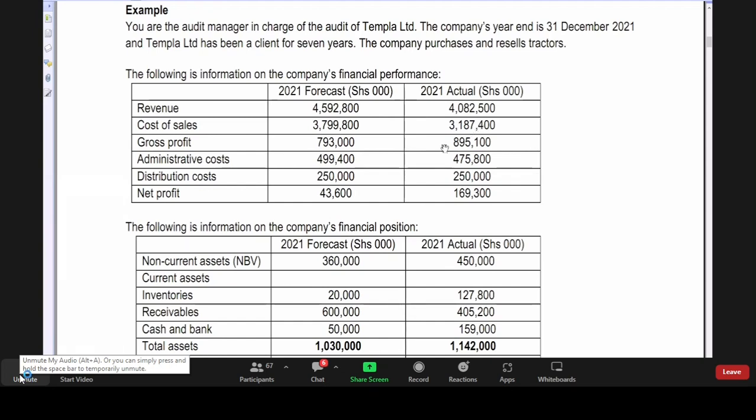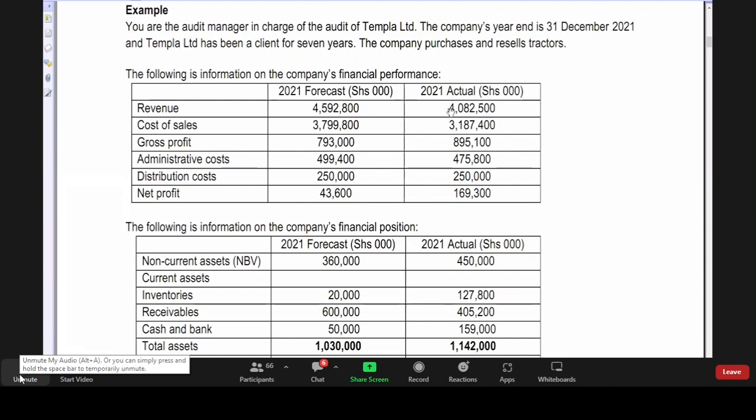For example, why would it be that the revenue has gone down, but the net profit is high? You have a revenue forecasted at 4.5 billion, and you forecast a profit of 43.6 million.